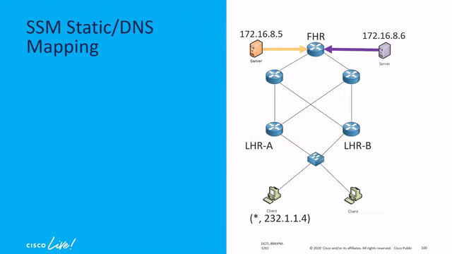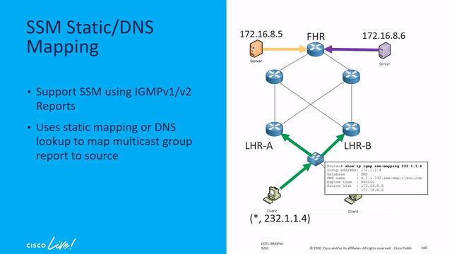Let's talk about a solution where we can actually use source-specific multicast even if our receivers don't support IGMP v3. How we do it is that we let the client issue its normal IGMP version 1 or version 2 report, but we know where they're going, basically. We know what source they're looking for. So we're going to use the network to override that IGMP version 1 or version 2 report. We're going to use some kind of mapping setup.